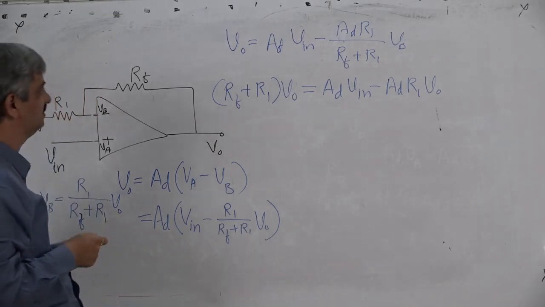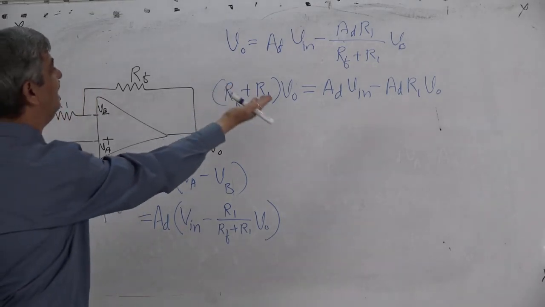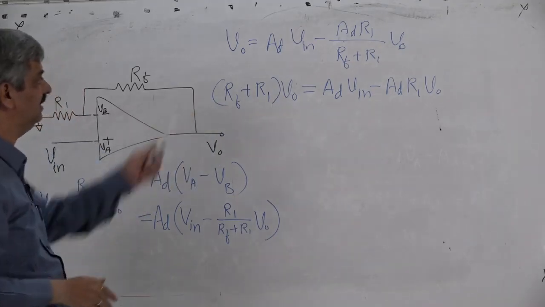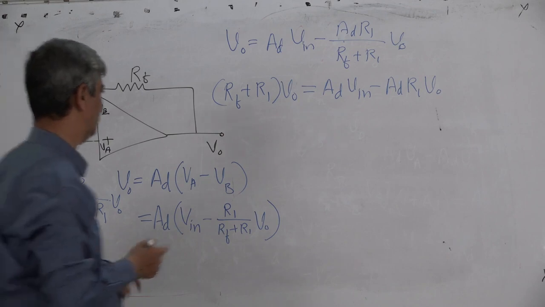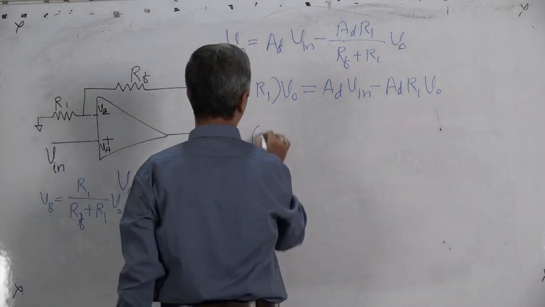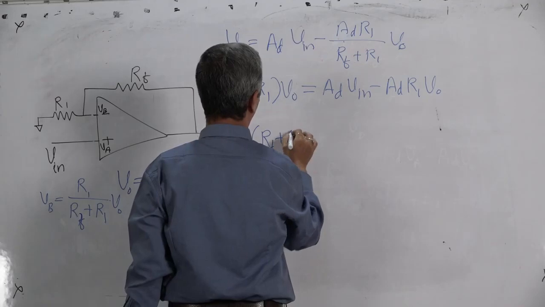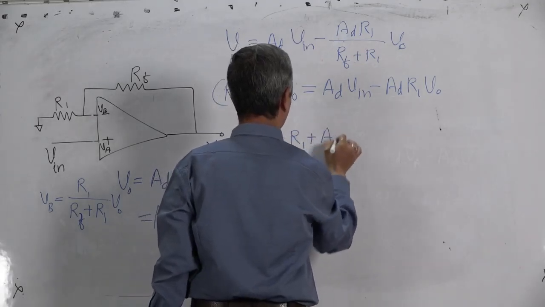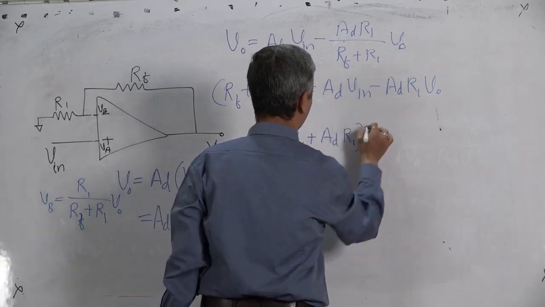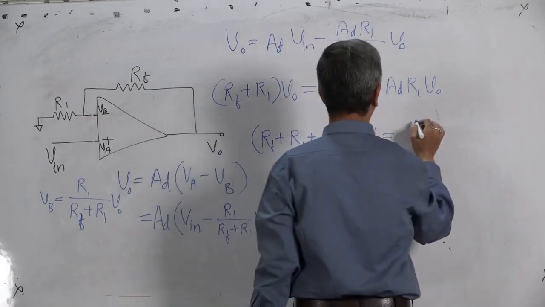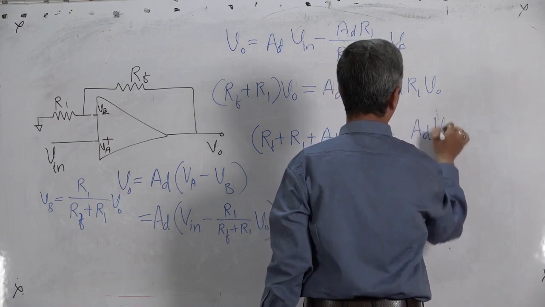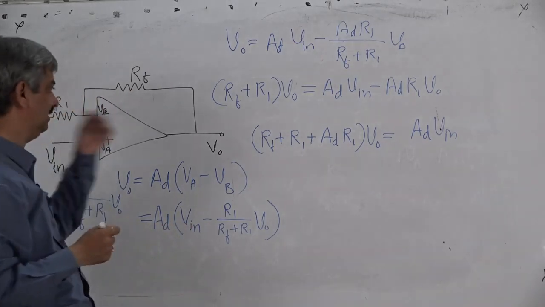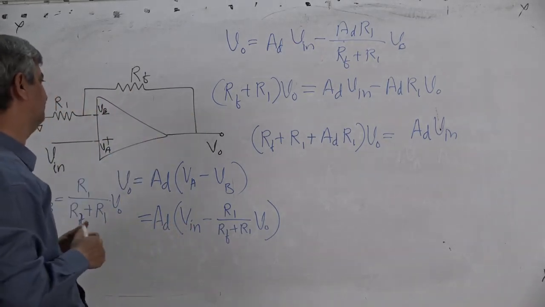So, the AD R1 VO term will come on the left hand side. So, what do we get? RF plus R1 plus AD R1 VO is equal to AD V in. I think till that time everything is fine.